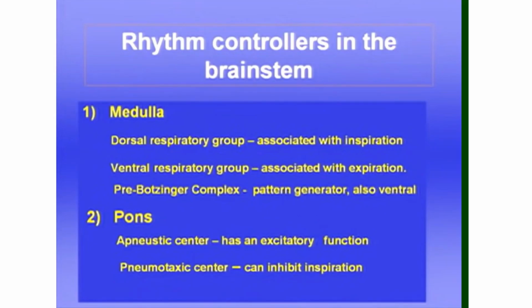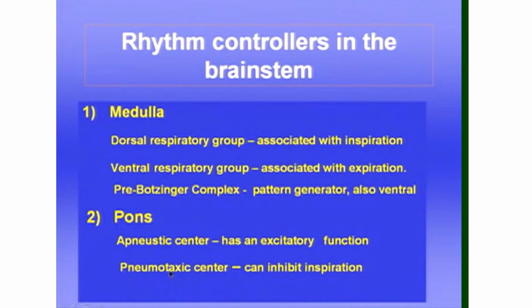And in the lower pons, there's a thing called the apneustic center, which is thought to have an excitatory function. If you section the brain of an animal above the apneustic center, you get a series of prolonged gasping inspirations. And occasionally patients with severe brain injury will show the same pattern. So under some conditions, the apneustic center may be important.